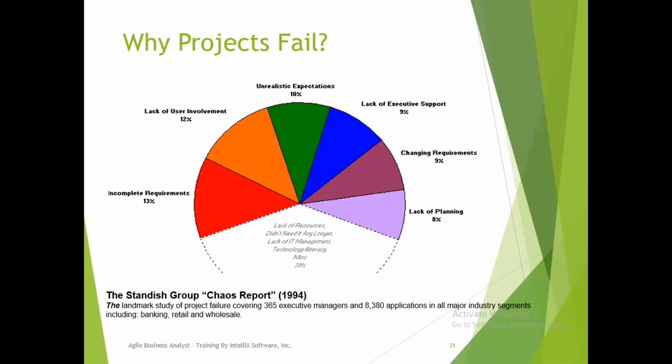Significant, think about it, right? So if I can just add a good business analysis mindset and discipline, I can eliminate 25% of the failures right there. There are a lot of other things, right? Like lack of user involvement.